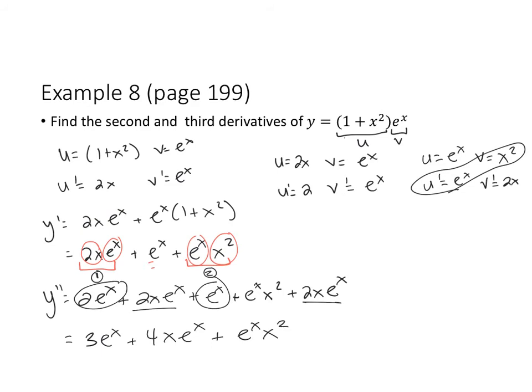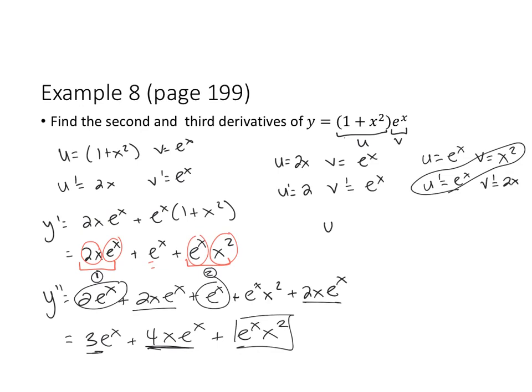Now it asks me to find the third derivative. So there's my second derivative. And let's see if I can find my third derivative. Well, I already know this piece. That's known to me. And I can find this one using a u and a v. And this one's all set.